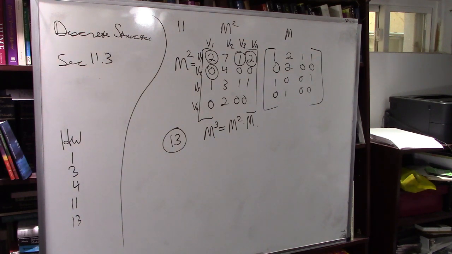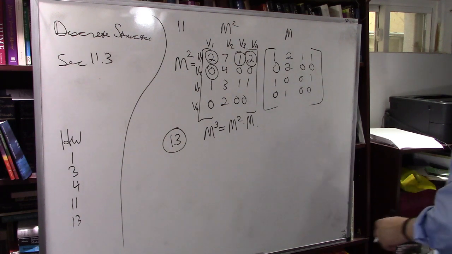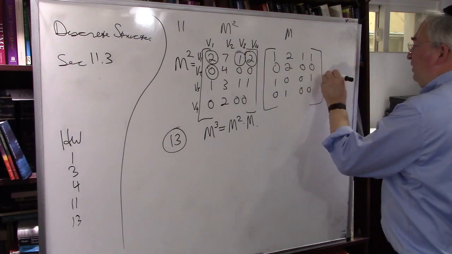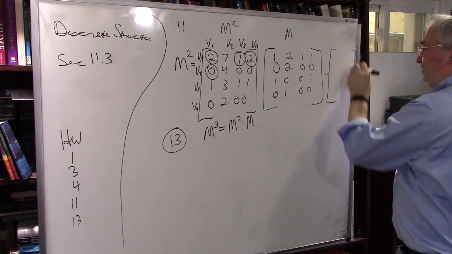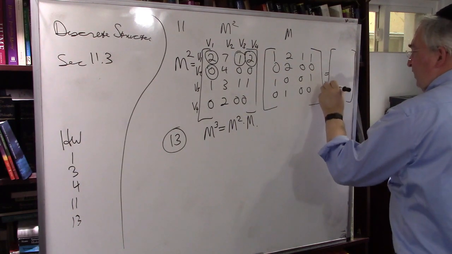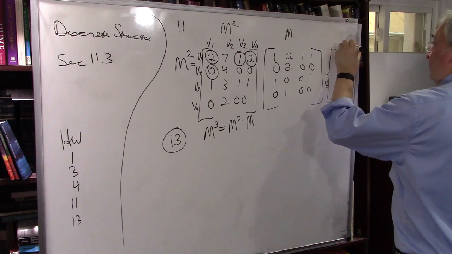Now I don't want to calculate all 16 things. All it says is find the number of paths of length 3 from V3 to V2. This is going to be a 4 by 4 matrix, but they want from V3 to V2.